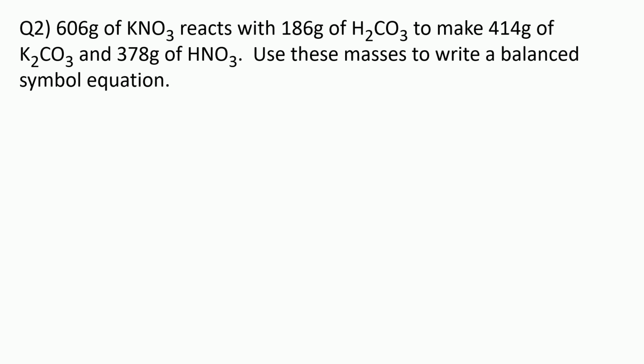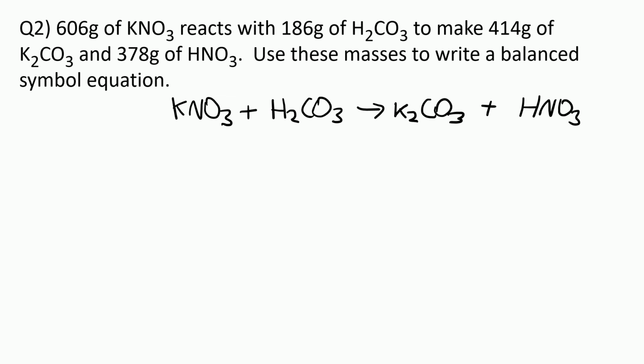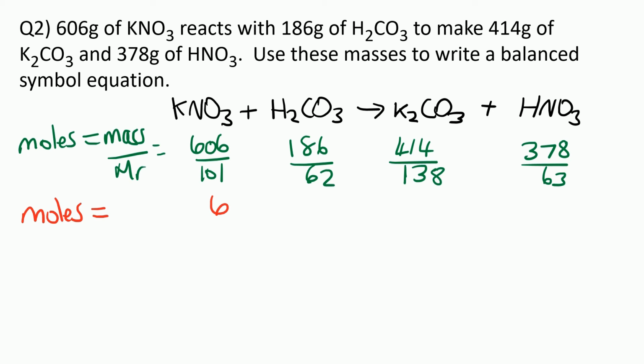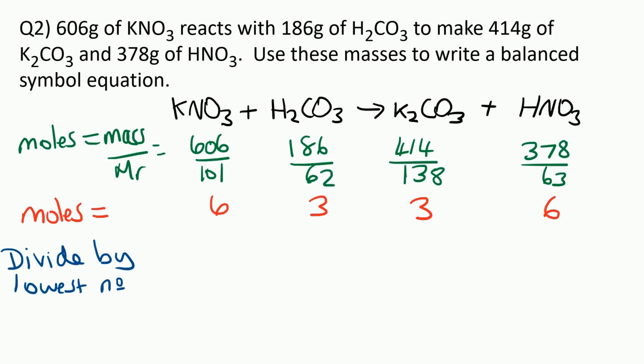We then do moles equals mass over Mr for each term in the equation, which works out at these numbers. Then that works out at 6 to 3 to 3 to 6 moles. So if you can't spot the ratio from there, the lowest whole number ratio, we divide by the lowest number, which is 3 in this case.